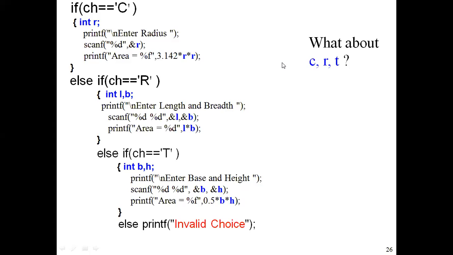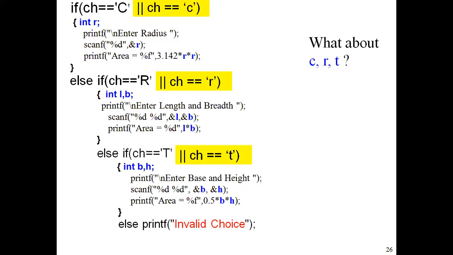That's correct. So we have to use the or and write it here. Like this. We have to modify the conditions now. If choice is capital C or, see, time to learn or. Last time in the maximum of 3 numbers program we learned and. Now it's time to implement or. So if choice is capital C or small c, find area of circle. If choice is capital R or small r, find area of rectangle. If choice is capital T or small t, find area of triangle.